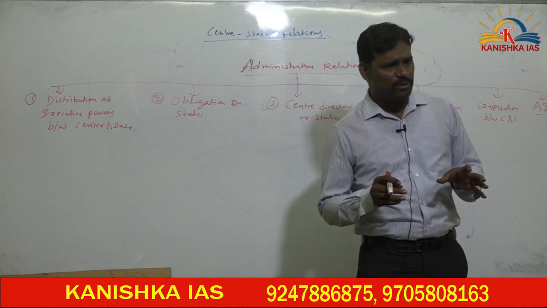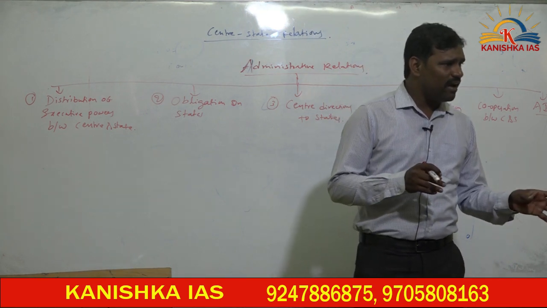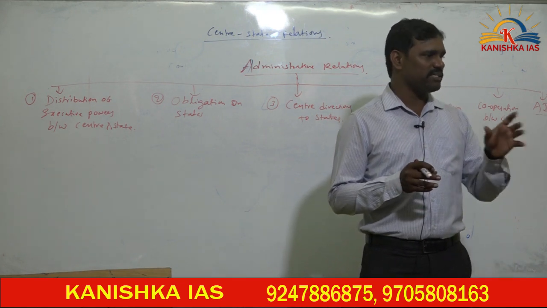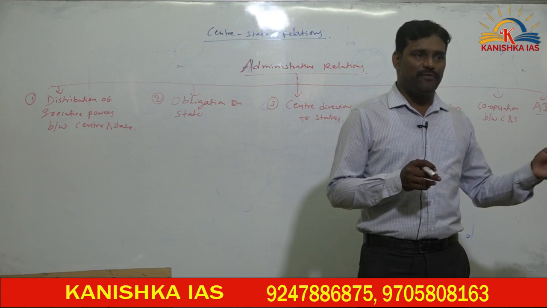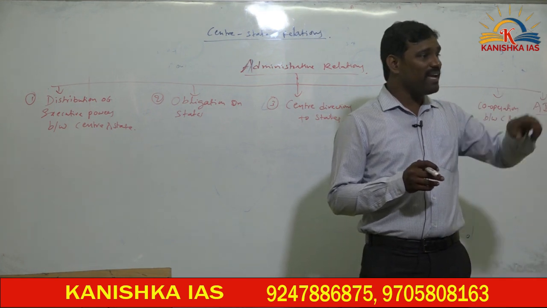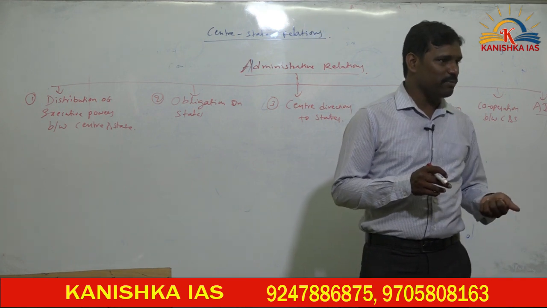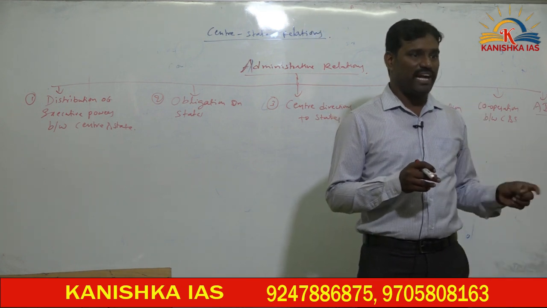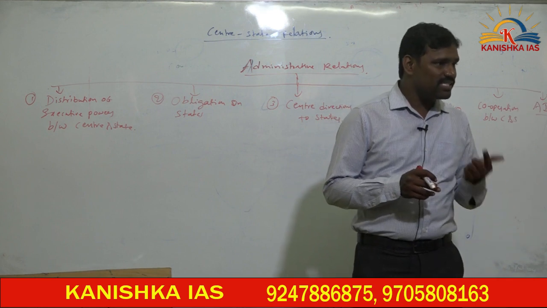And the state also has some interest in basic education and in the education subject. But recently, you have seen the national education policy brought by the central government also, because education became concurrent list. Earlier education was in the state list.